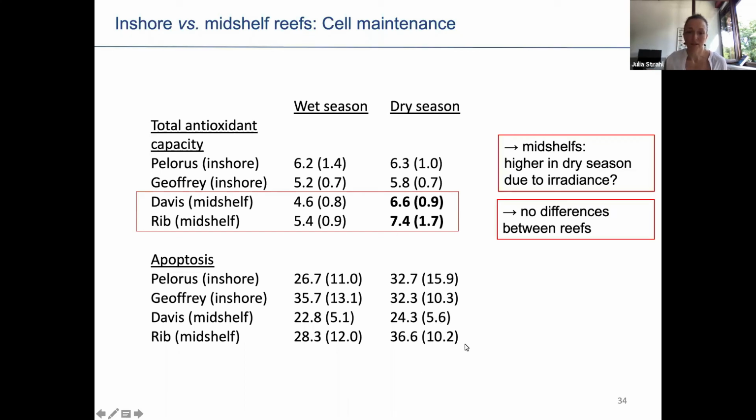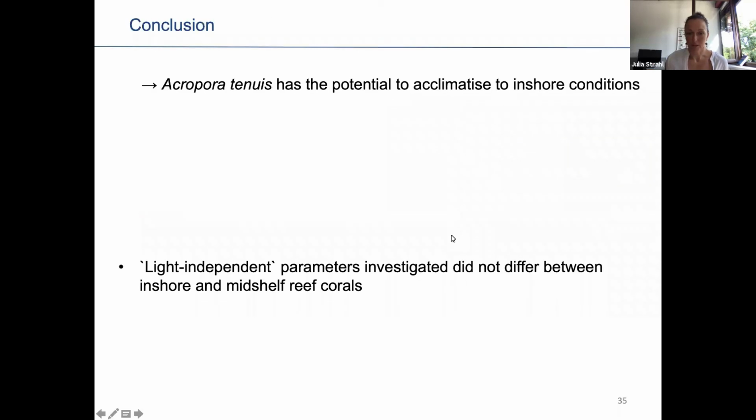And as you can see here down below, the level of cell damage is not increasing due to this higher protection by antioxidants.